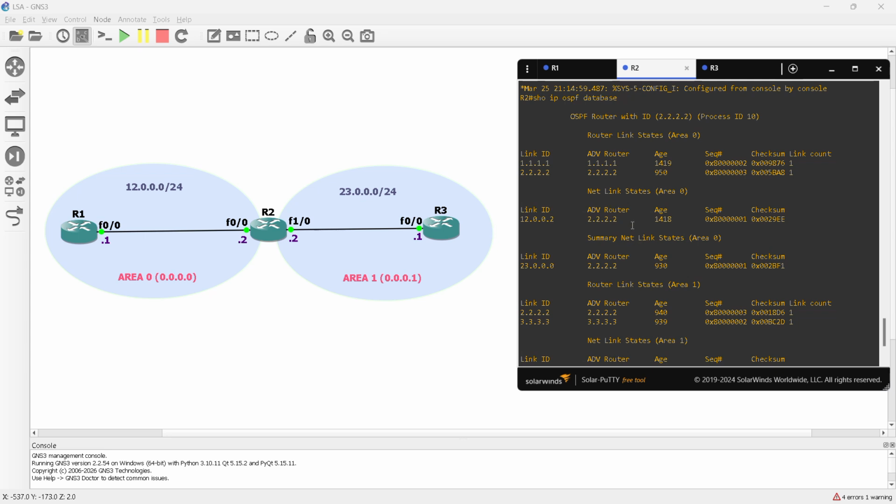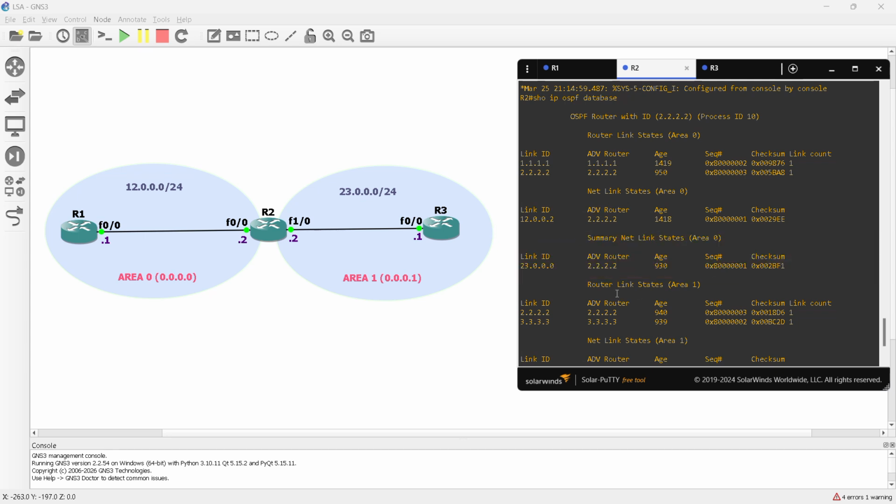There it has the type 2 LSA for area 0, which is there because it was working as DR. Great. Then it has the type 3 LSA, which is the summary network LSA, where it gave the information of network 23.0.0.0 to our area 0, as you can see here.